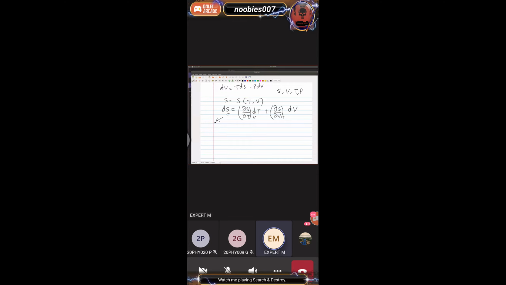So this should not be considered a thermodynamic potential. The four thermodynamic potentials that I told you earlier have this quality that you can calculate anything from them.